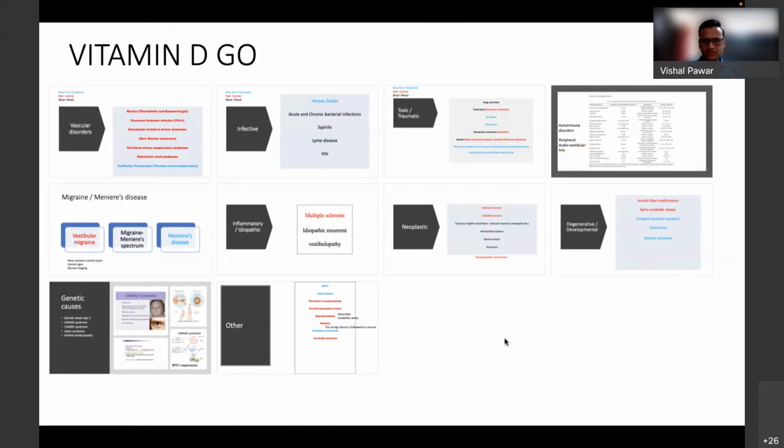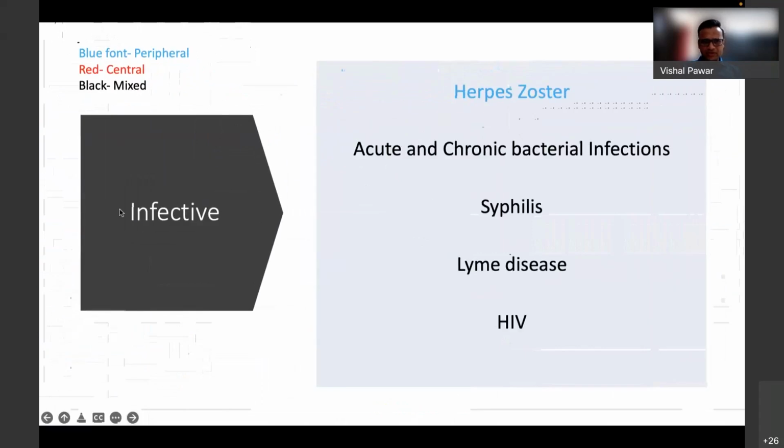So infective etiologies, if we look at the infective etiologies which can affect the vestibular system, these are the various things like herpes zoster, acute and chronic bacterial infection, syphilis, Lyme disease, HIV. Syphilis is relatively rare now. Lyme disease is not common in India, but it is common in European countries and can be seen in the Western world.